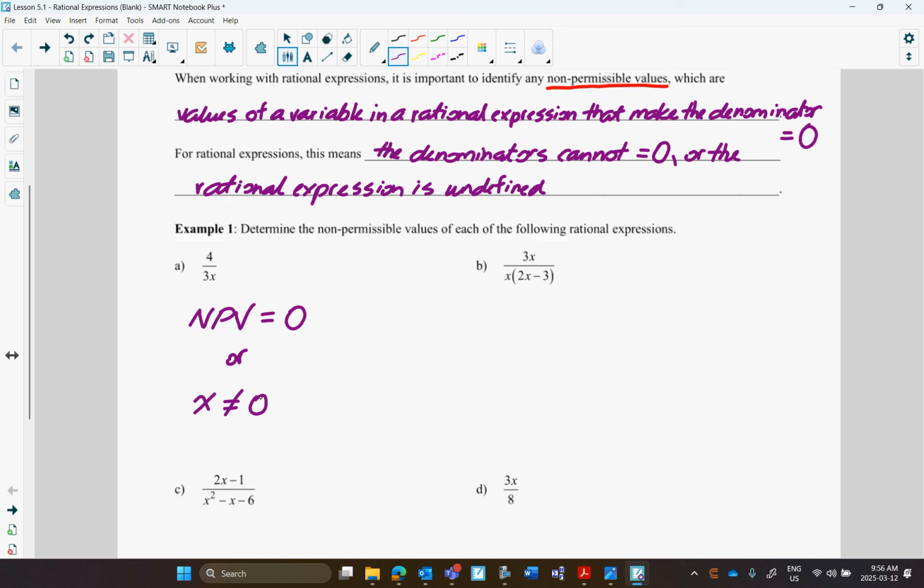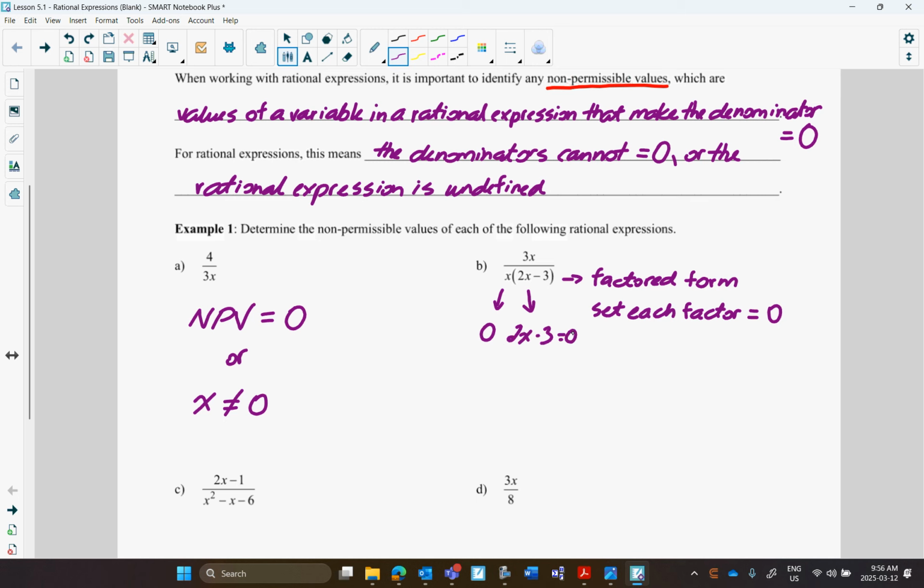The second one, well, we've got a couple of variables in it, and it's in factored form. Well, we know how to find values of variables when it's in factored form. Set each factor equal to 0. So what value of x would make this factor 0? 0. What value of x would make this factor 0? Right, so you have to solve it.